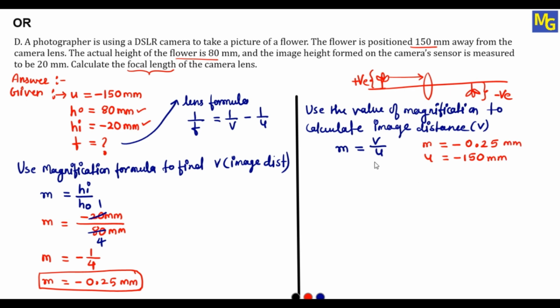So rearrange the formula. We want to find V. So V is equal to m into u. So V is equal to, what is m? Minus 0.25 into, what is u? Minus 150. So see here. Now when we multiply these both, what are you going to get? 0 fives are 0, 0, 0 first one, then plus 5 fives are 25.